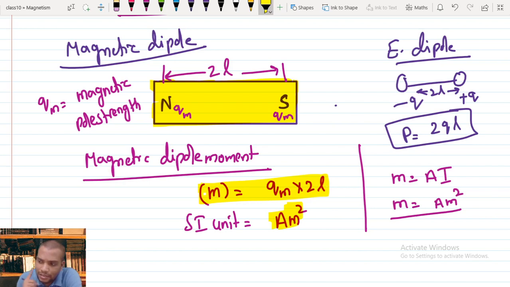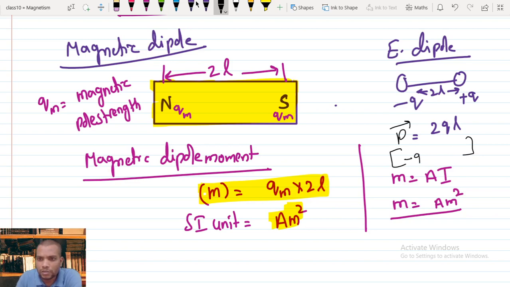You can keep in mind that this magnetic moment is a vector, and the electric dipole moment is also a vector. The electric dipole moment is directed from negative charge to positive charge, so the dipole moment is represented by P vector equal to 2L times q, with direction from minus q to plus q.